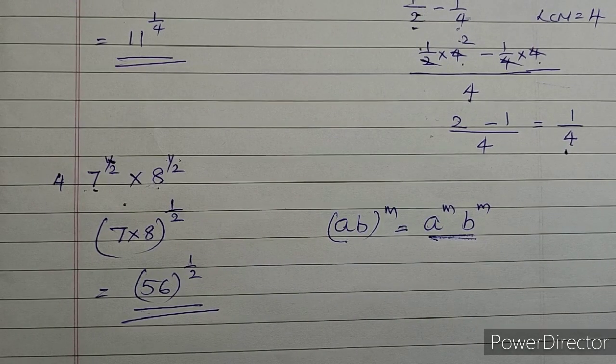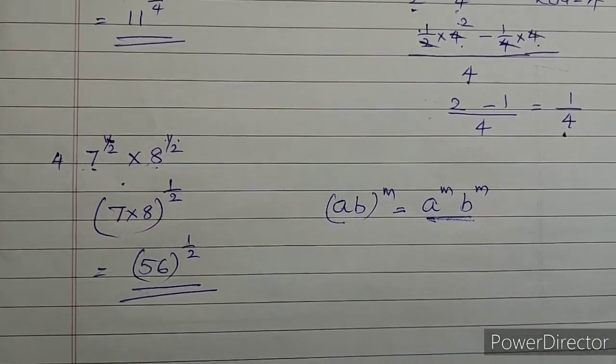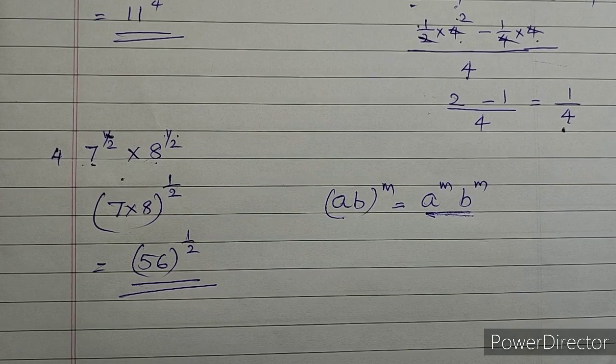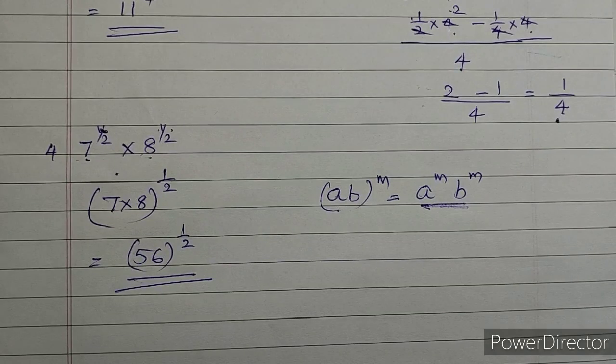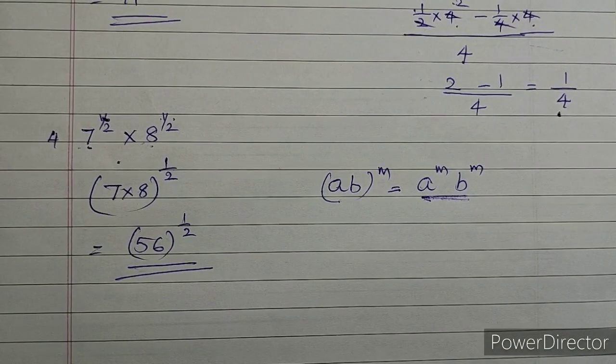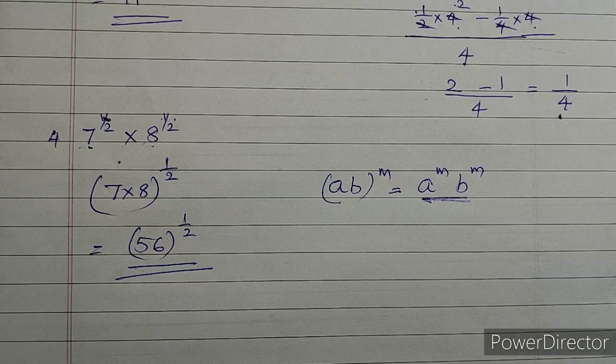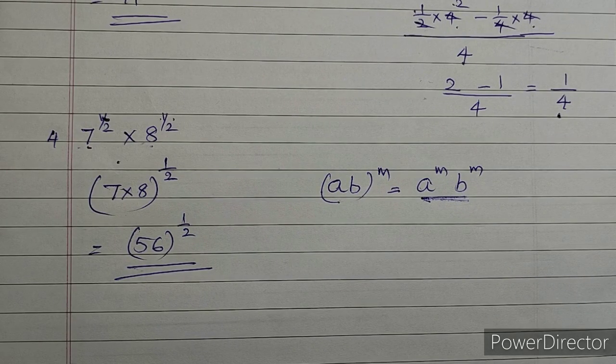In this chapter we have learned more about irrational numbers, then rational numbers between two rational numbers, locating root 2, root 3, root 5 and all those numbers on a number line, expressing real numbers in p by q form, then representing real numbers on the number line by successive magnification, then geometrical representation of root x where x is a real number, then rationalizing the denominator and simplification, then simplifying using algebraic identities, a plus b the whole square and all that, then laws of exponents. So with this we are ending this chapter.